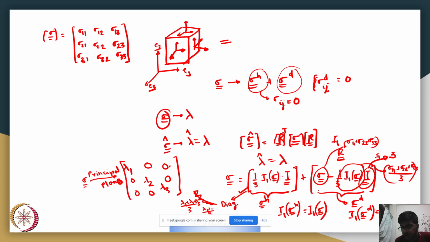So when you take I1 of this entire matrix, say A minus B, you'll end up with this value minus thrice of this value, which is essentially 0. Okay, or is it still not clear?